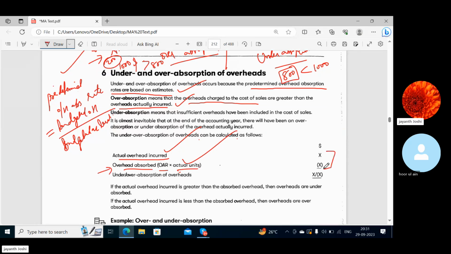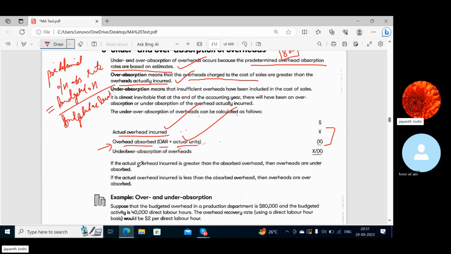You can compare these two and then you can decide if this is more than this, it is over absorption. If it is less than this, it is under absorption, right? If actual incurred is more than absorbed overhead, it is under absorption. But if actual is less than absorbed overhead, it is over absorption, right?